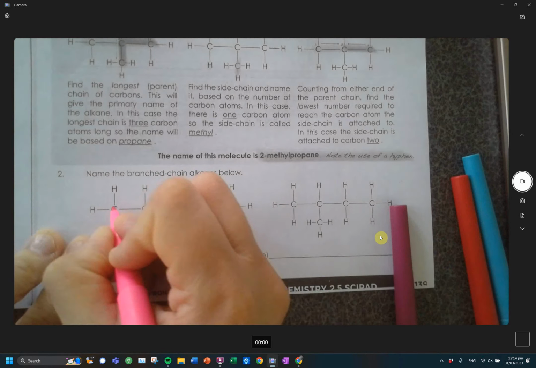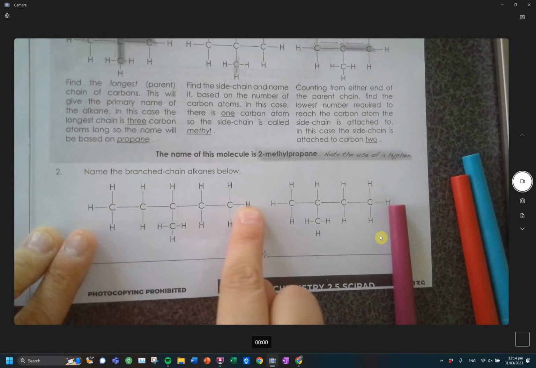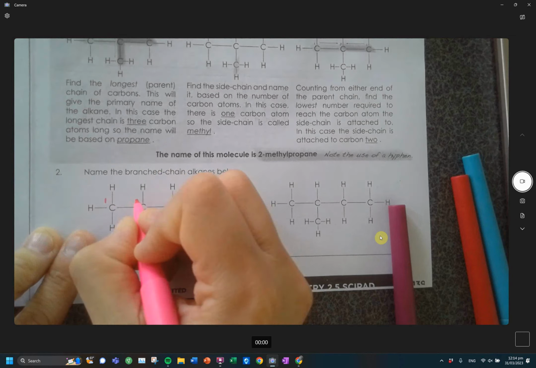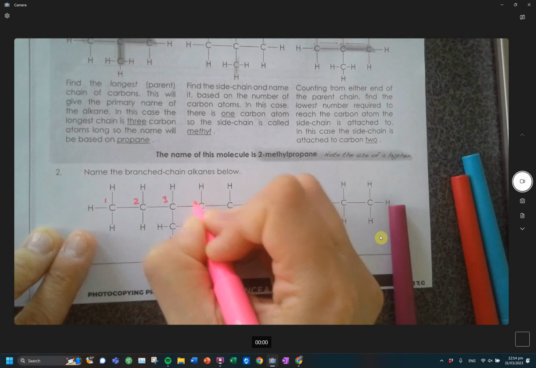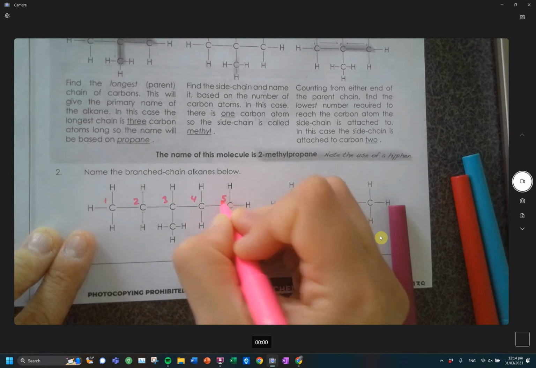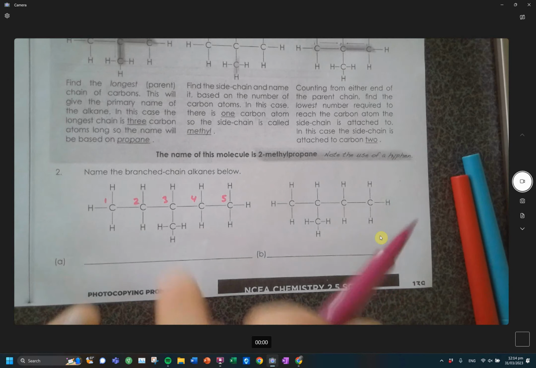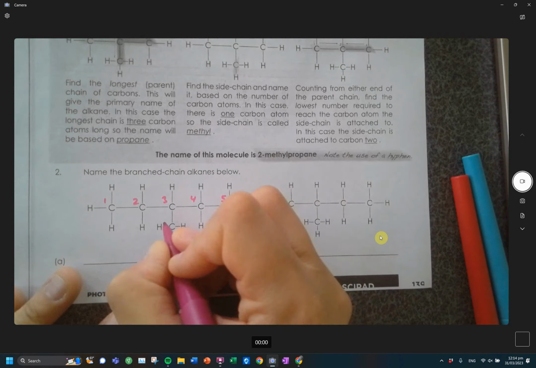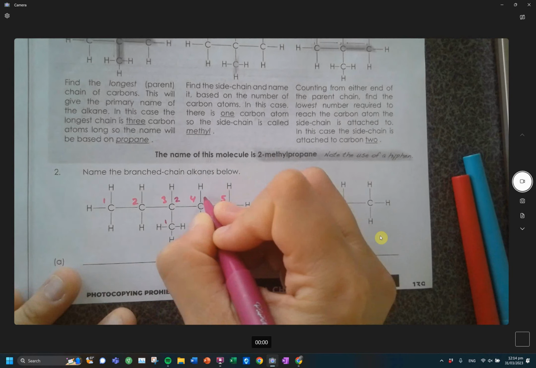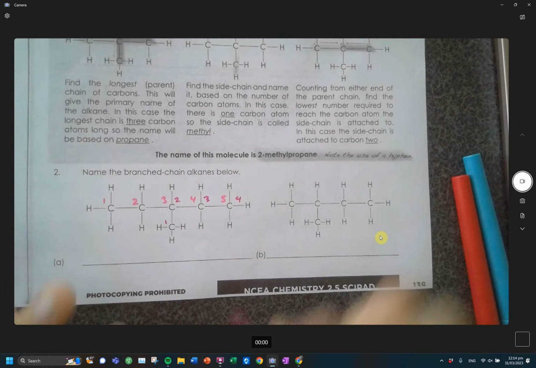So first off, I can start with this carbon and end with that carbon. 1, 2, 3, 4, 5. That's one possibility. The other possibility is that I start with this carbon over here, that's carbon 1, 2, 3, 4.